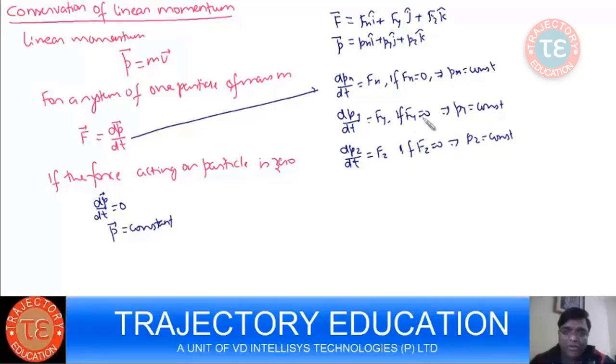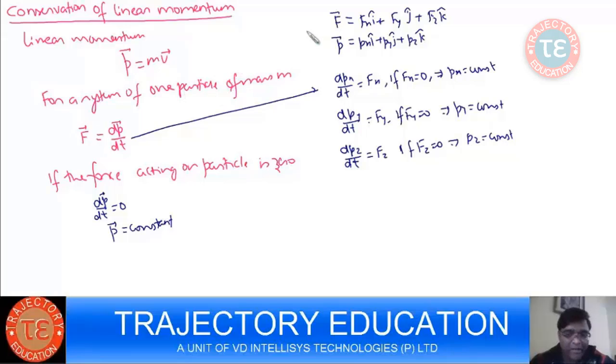So if one of the components is 0, the corresponding component of linear momentum will be conserved. Like this, right? So many times you come across that the complete F is not 0, but Fx, Fy or Fz is 0, and hence the corresponding component px, py, pz will be conserved. Alright, this is how we can use the conservation laws.